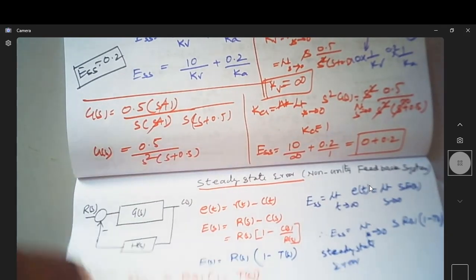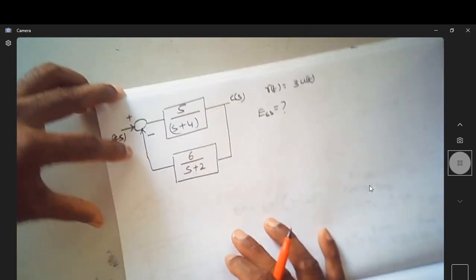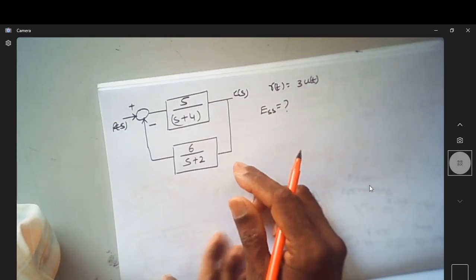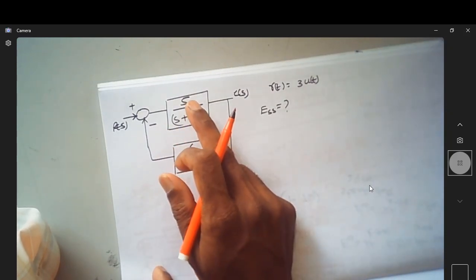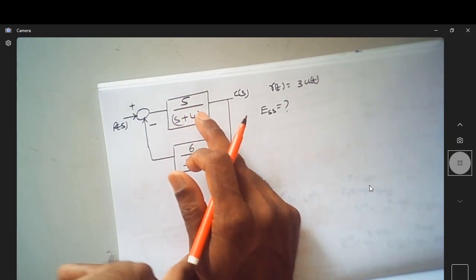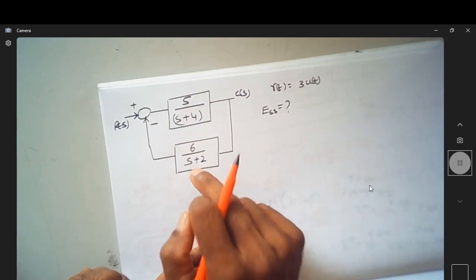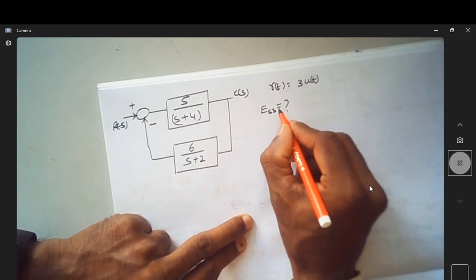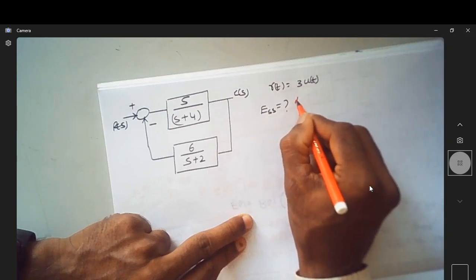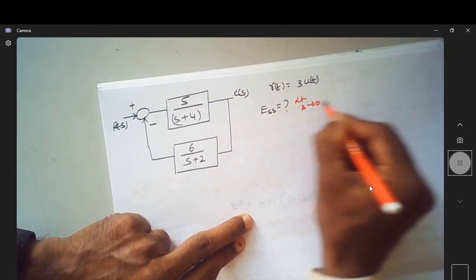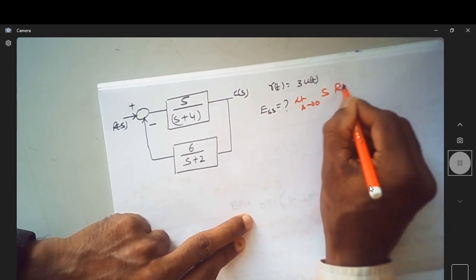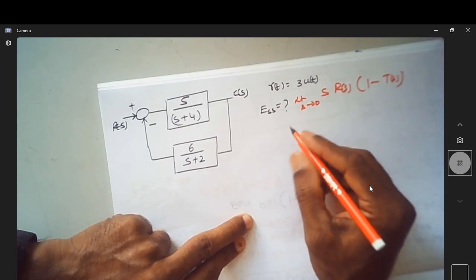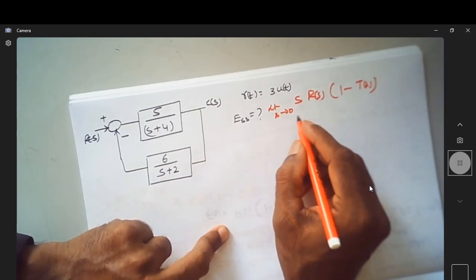Let us take a few examples. This is one such example, where we have G(s) as this block and H(s) is now, you can see, a non-unity feedback. So e_ss is equal to the limit of s tending to 0 of s into R(s) times 1 minus T(s).